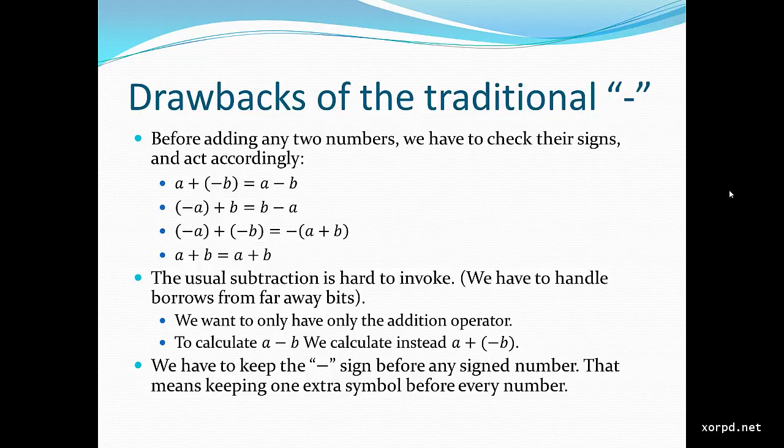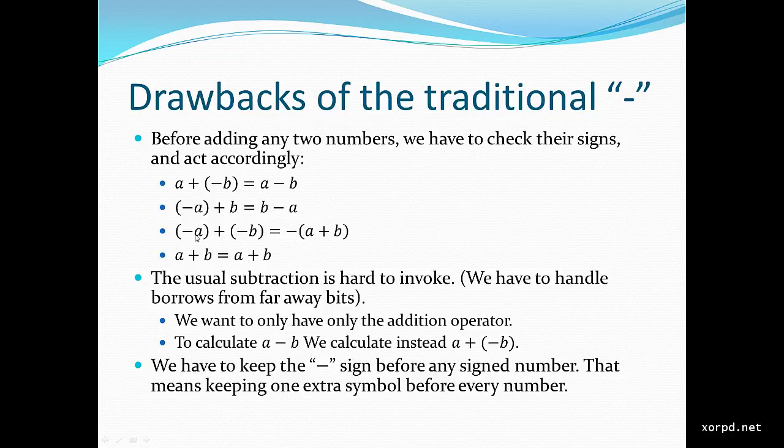Before adding any two numbers, we have to check their signs and then act accordingly. That means we can't just invoke the operation we want to do. We have to check some things before we do it. For example, if one of the numbers is positive and the other one is negative, then we have to invoke subtraction. If one of the numbers is negative and the other is positive, then we have to invoke subtraction the other way.